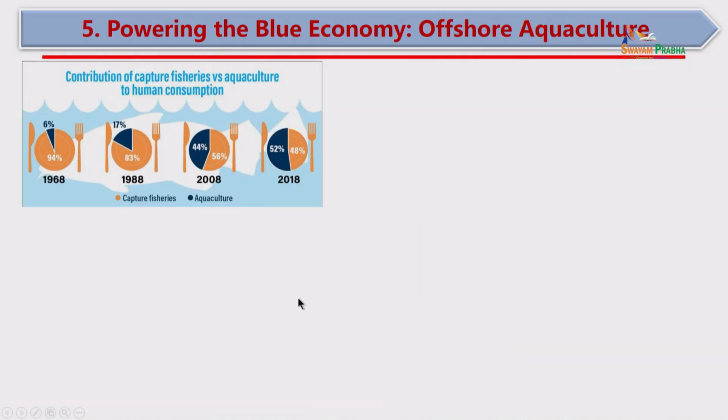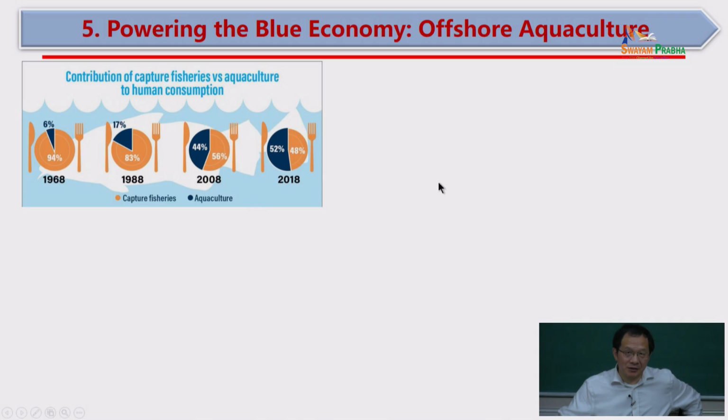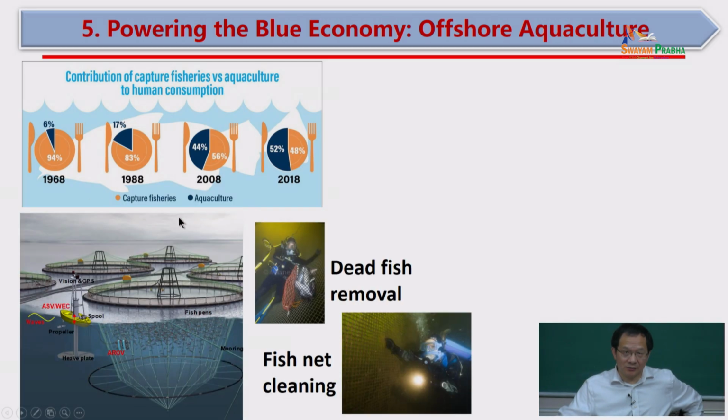The fifth sample project is aquaculture. Nowadays, more and more seafood comes from aquaculture, not wild caught from nature. We did a survey for an aquaculture company, and they gave us feedback.